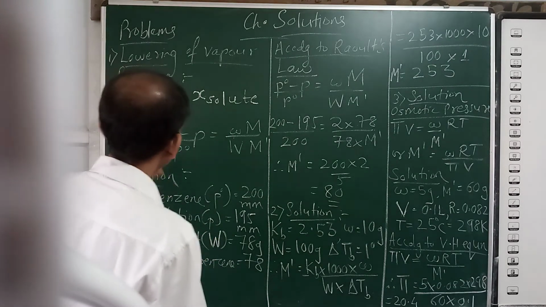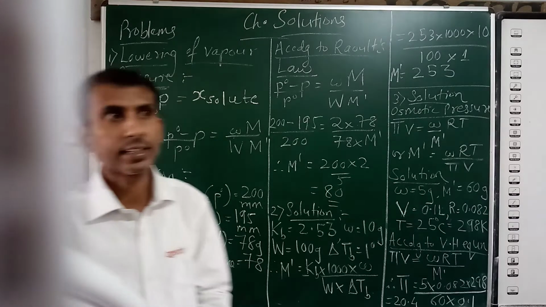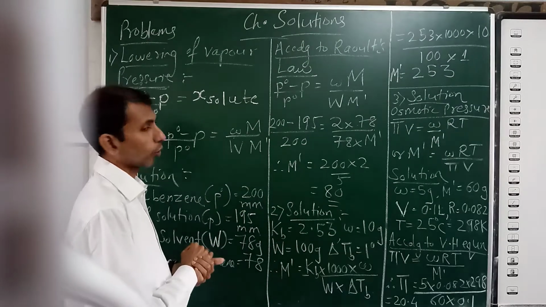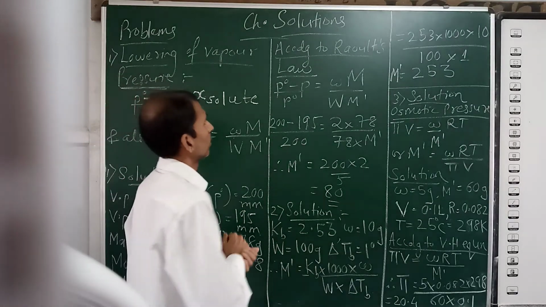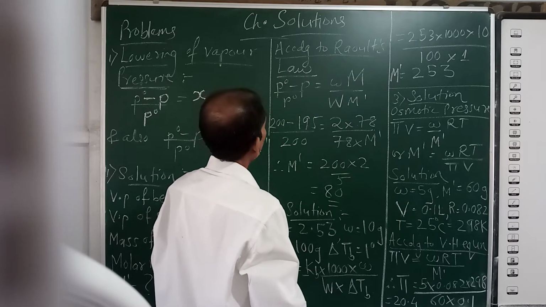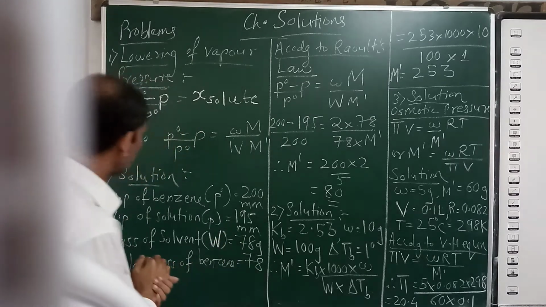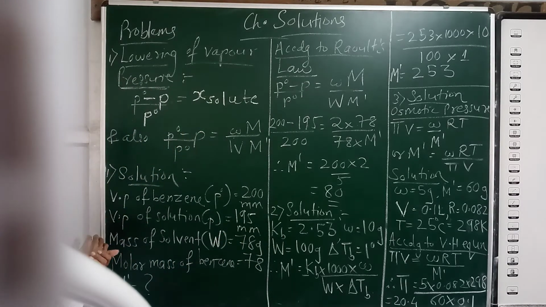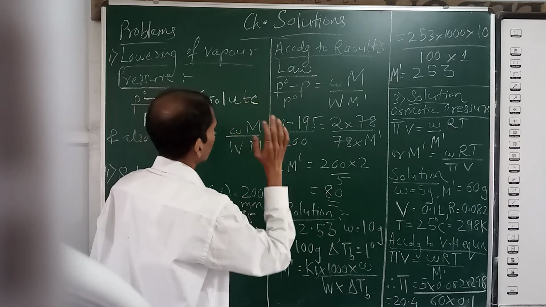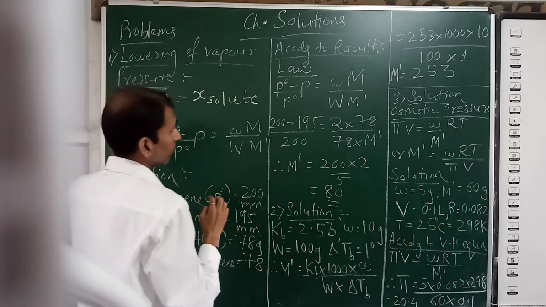As you have written the equation here for lowering of vapor pressure given by the scientist Raoult, the law is called Raoult's law. The same equation you have to write again in the solution, and then you substitute the values for the lowering of vapor pressure, that is P naught minus P upon P naught. P naught is 200, P is 195.